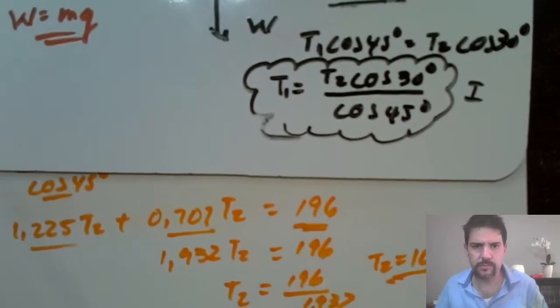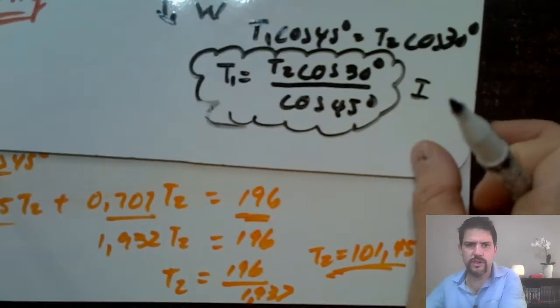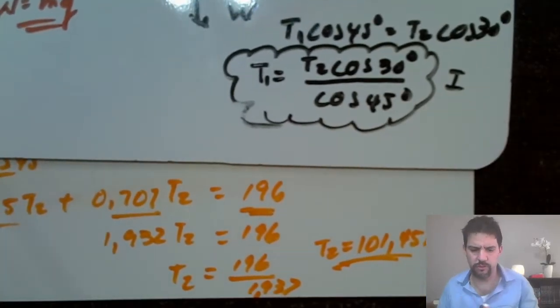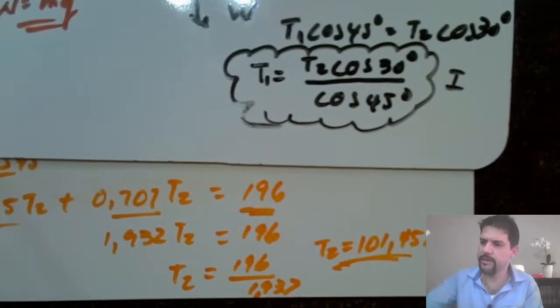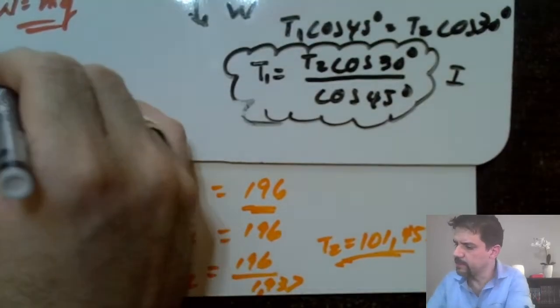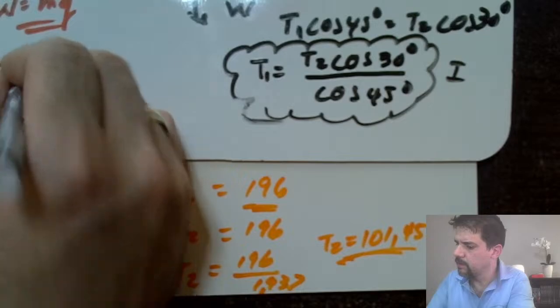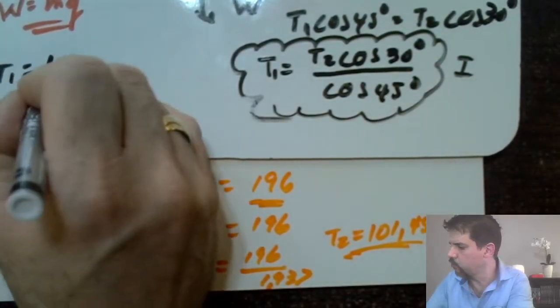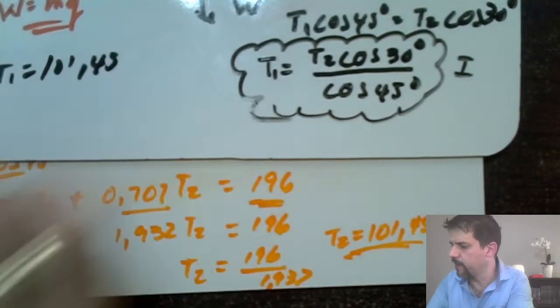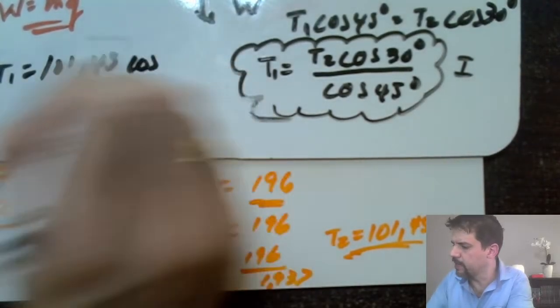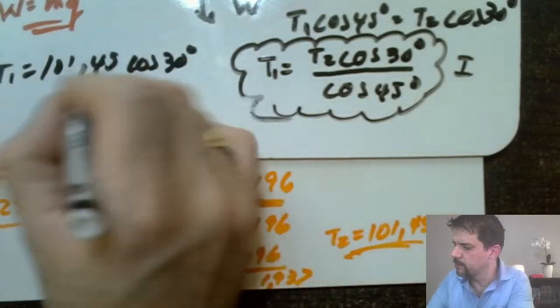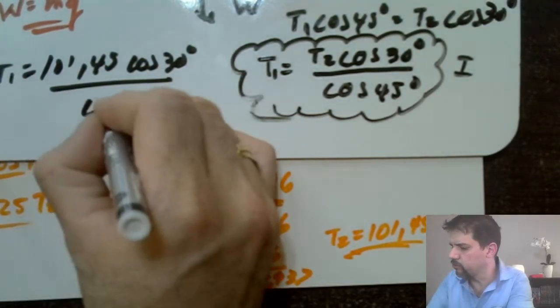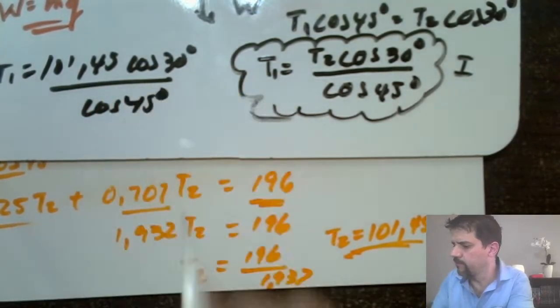I'm going to move this one here so you can see it properly. We have T1 is equal to T2, which is 101.45, multiplied by cosine of 30 degrees divided by cosine of 45 degrees.